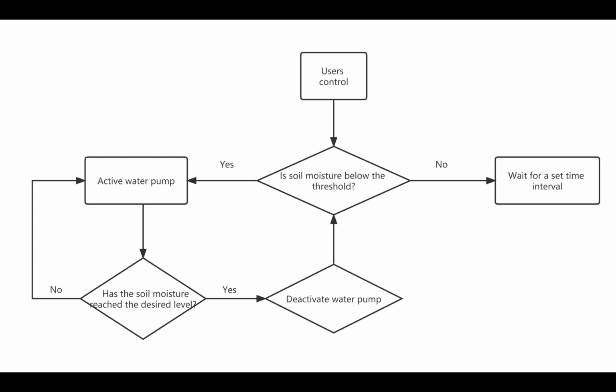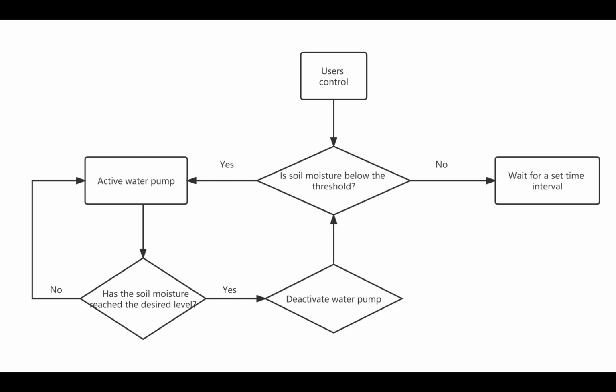Next, this is the flow chart of my system. When the user needs to water the plants, the program sends an instruction to check if the soil moisture is below the threshold. If yes, the system will activate the water pump.